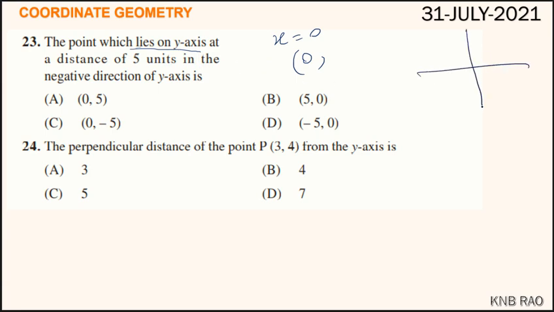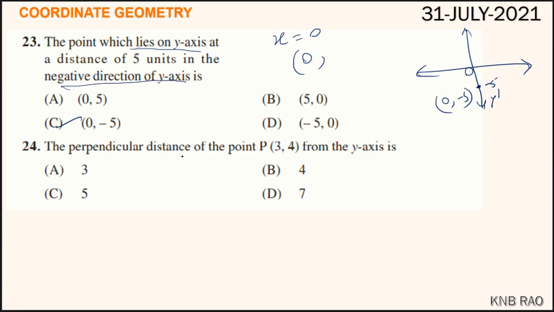So on a Cartesian plane in the negative direction lying on y-axis and 5 units. So OY dash is negative direction and this point is 0, -5. So right option is C. So negative direction of y-axis is OY dash and 5 units is -5.